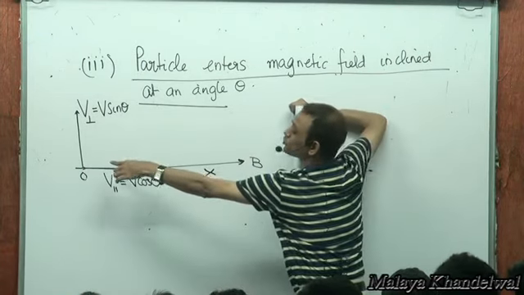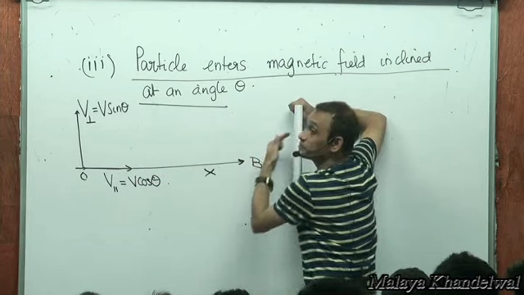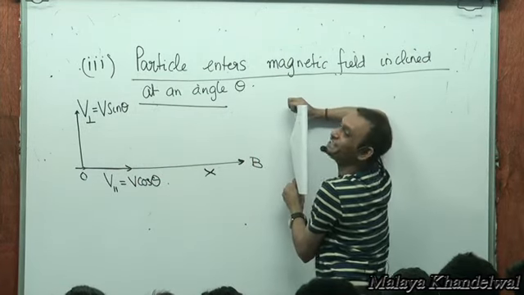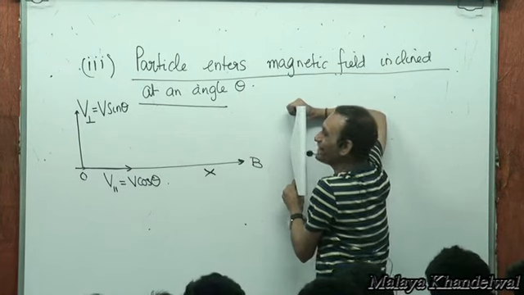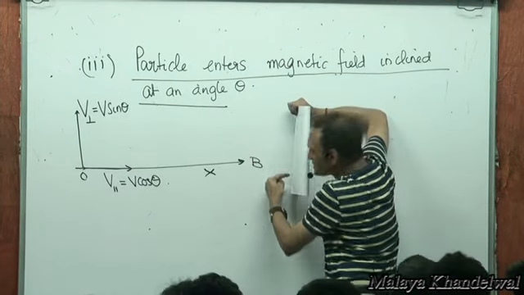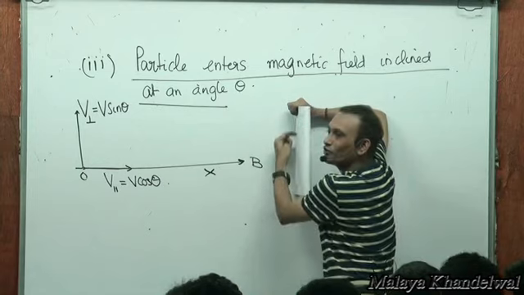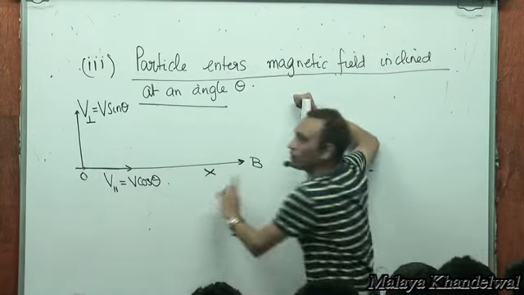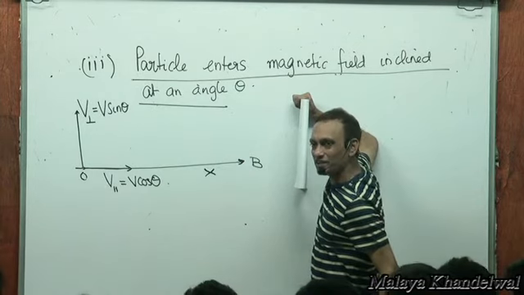Which means I were to throw light on the charged particle and observe its shadow on this. This plane will not register the actual motion of the particle. What you would see on the plane is that the shadow will execute a circular trajectory. The radius of that circle would be m v perpendicular by qB.